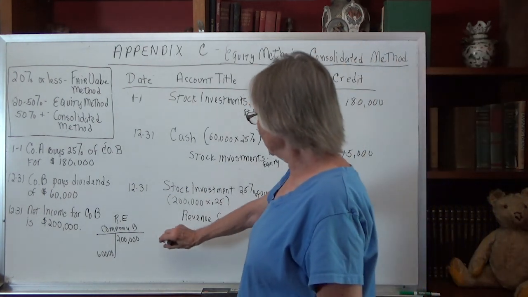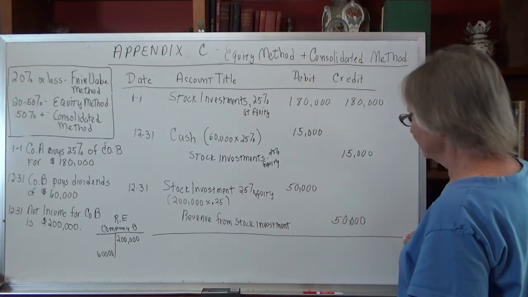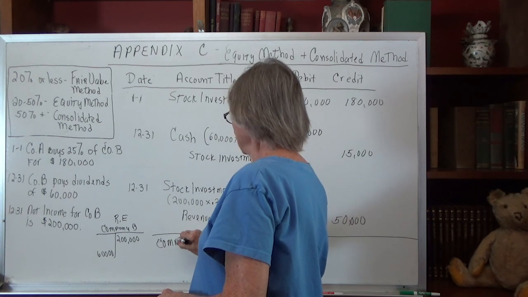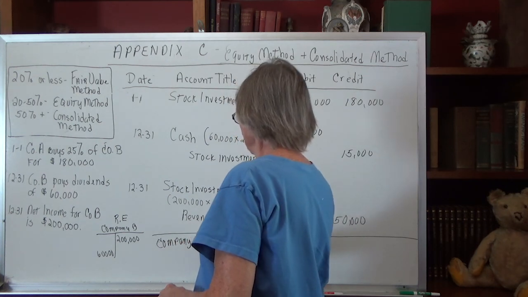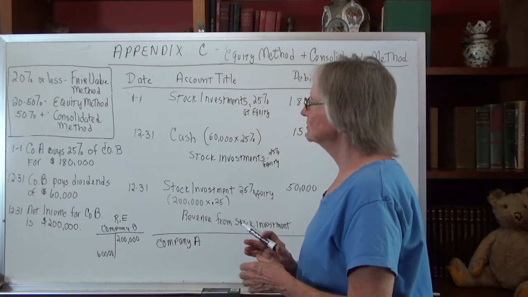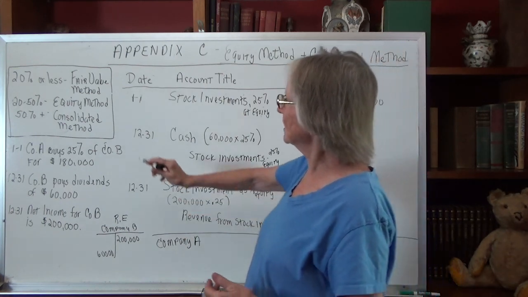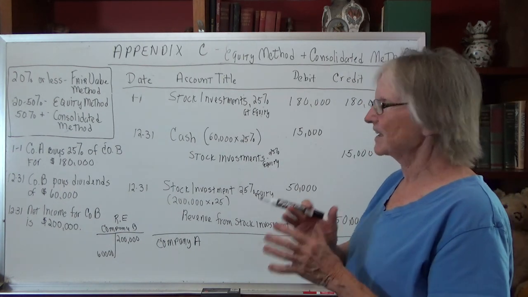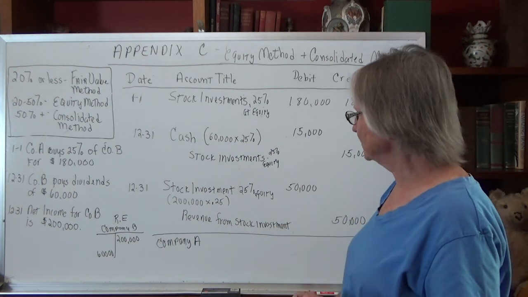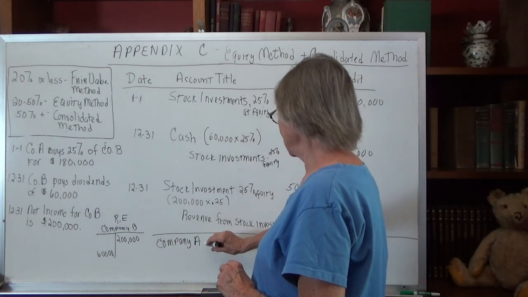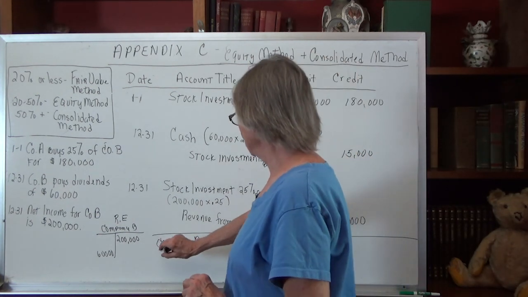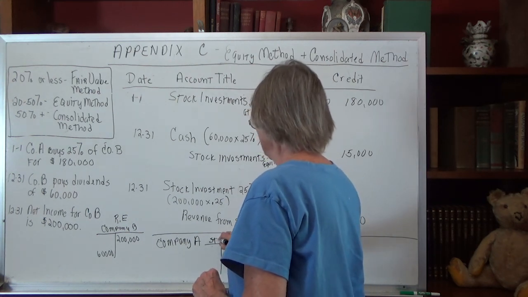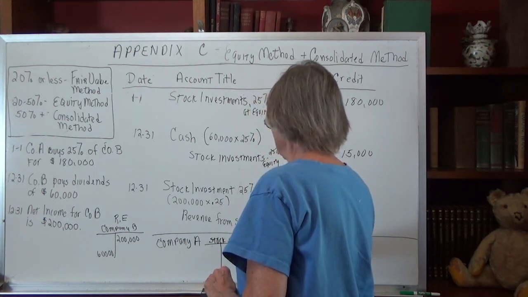Okay, so I'm going to go to Company A now. When we say that we are reporting these stock investments under the equity method, we're reporting them at equity on our financial statements. So Company A is going to have this, their stock investments account, okay?